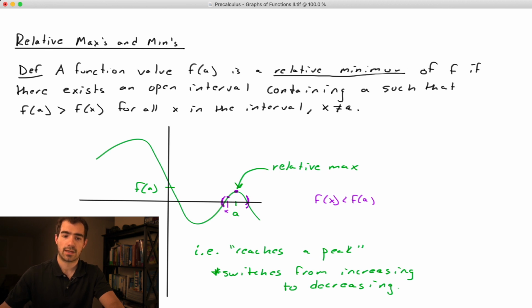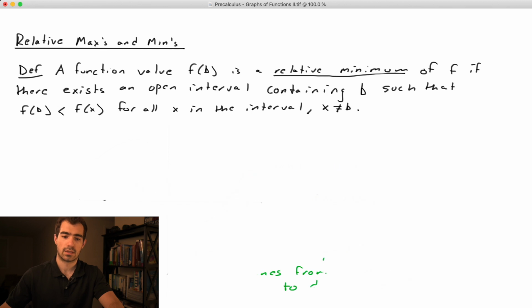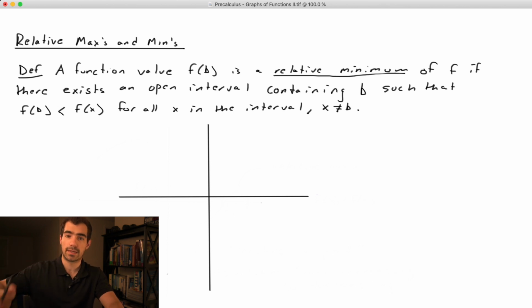And we'll say that a function value f of b is a relative minimum of f if there exists an open interval containing b such that f of b is less than f of x for all x in the interval and x is not equal to b itself. And we'll be able to see this on a graph in almost exactly the same way, except instead of when the graph reaches a peak, this time it's going to be when it reaches a valley.